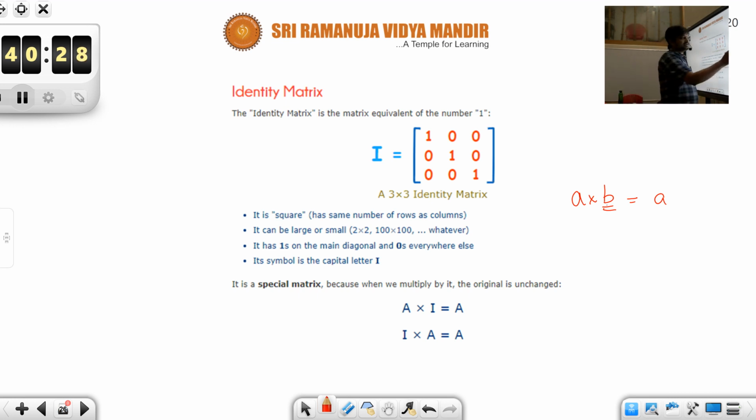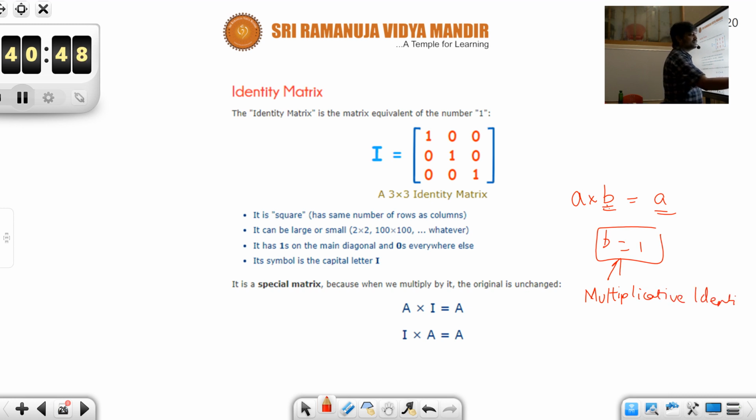This b is nothing but 1. We call it the multiplicative identity, isn't it? Multiplicative identity.